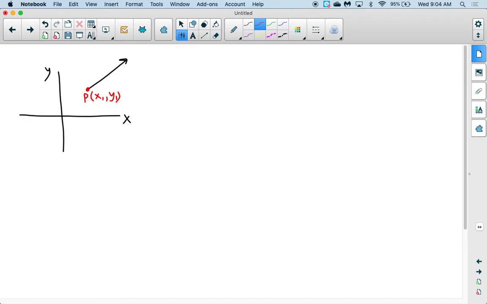This is the initial point. The point at the tip of the arrow, the tip of the directed line segment, is often called the terminal point. We'll label it Q, and we'll give it coordinates x2, y2.